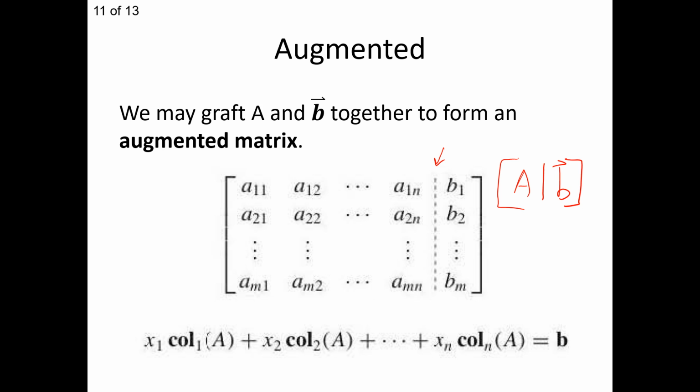I'm not very good at doing the dotted one. If you want to do the dotted way, that's fine. So this is an augmented matrix of my coefficient matrix A and then my resultant b values vector.